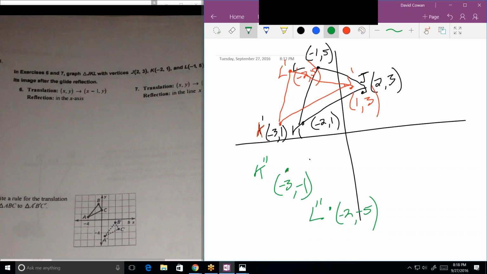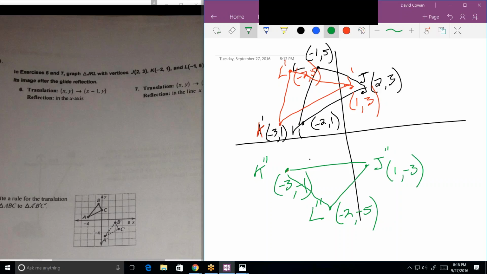So it's going to be 1 comma negative 3. So there's J double prime, and the coordinate is 1 comma negative 3. We're operating off the red. And now if we draw that triangle, that should be a perfect reflection of the red.